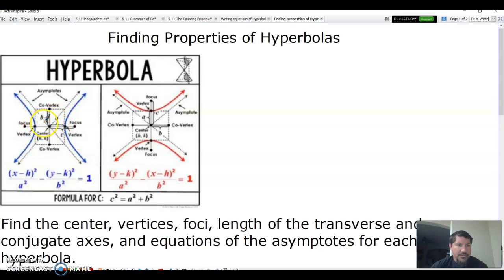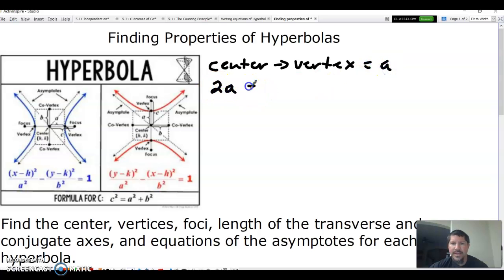The length between the vertices is our transverse axis. So center to vertex equals A, and 2A is your transverse axis.